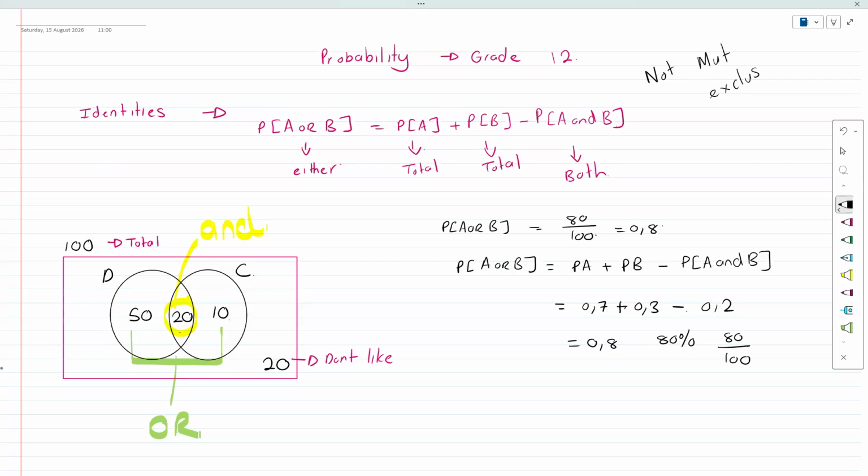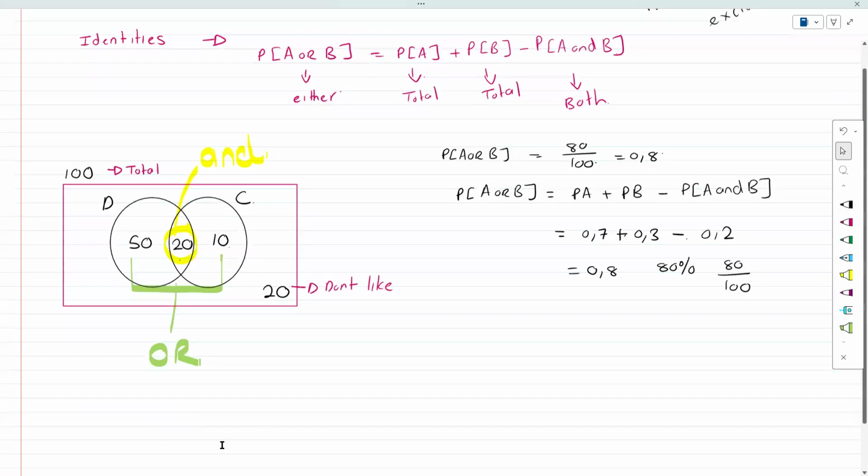Now, we're going to try and do this in two parts, but not mutually exclusive. Let's talk about what mutually exclusive means. Mutually exclusive means something cannot happen at the same time.